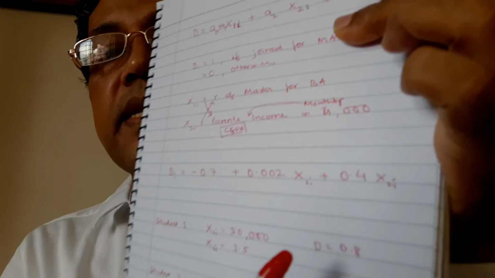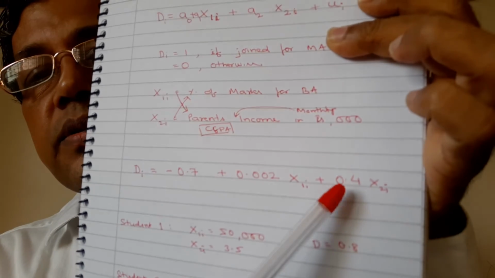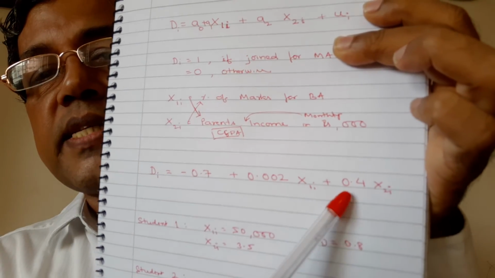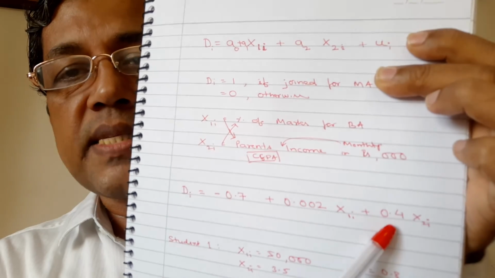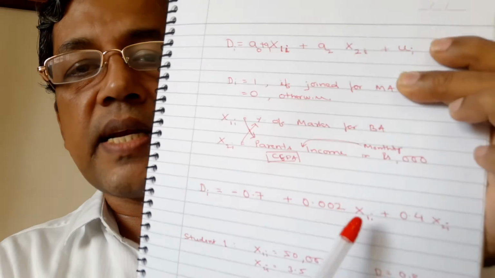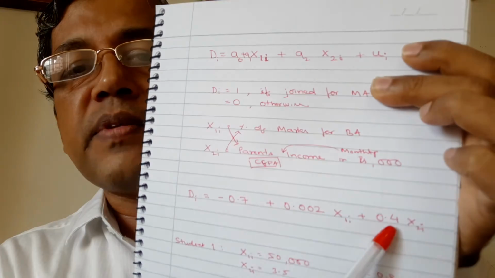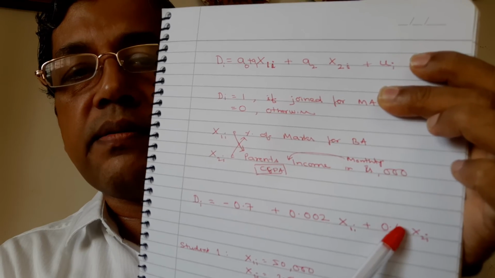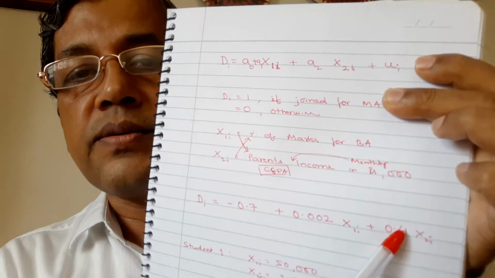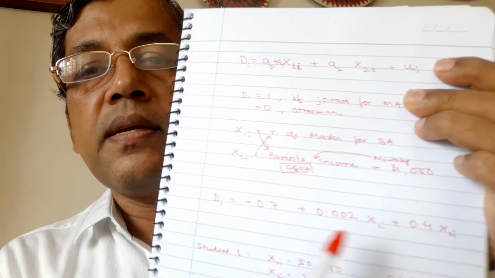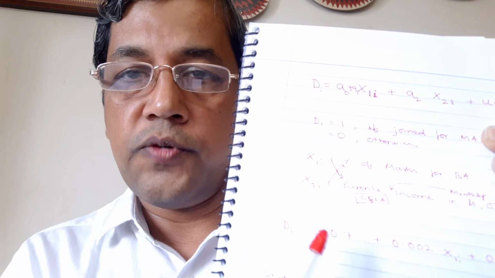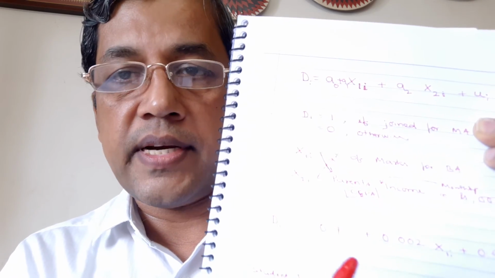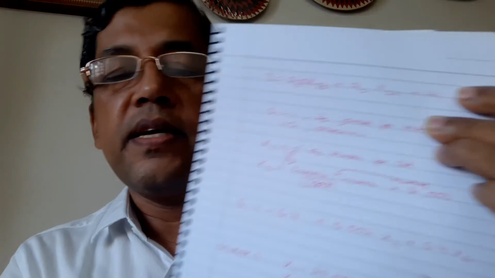Like in this example, say the coefficient corresponding to CGPA score is estimated to be 0.4. So what does it mean? How to interpret it? This implies that keeping all other things constant, that is, keeping parents' income constant, if CGPA score increases by 1 point, then the probability that the student will go for higher education, that the student will get admitted into MA Economics, increases by 0.4.